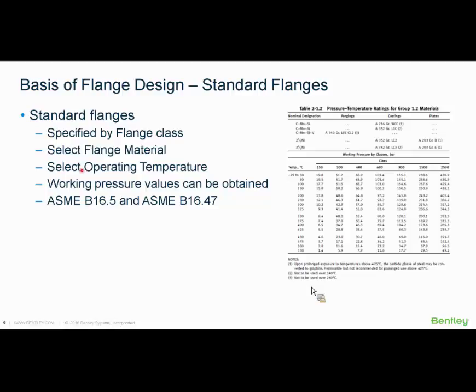For B16.5 and B16.47, you can select the flange material, you can select operating temperature, and then working pressure values can be obtained from these tables, which would let you select a standard flange. And then probably most of you have already done that procedure in your experience.